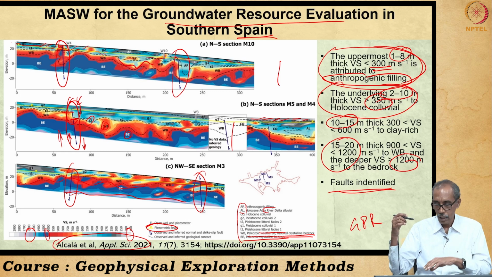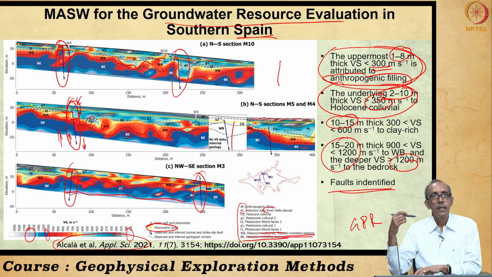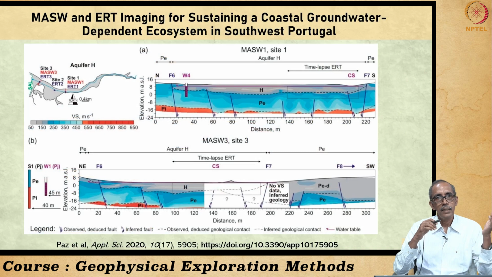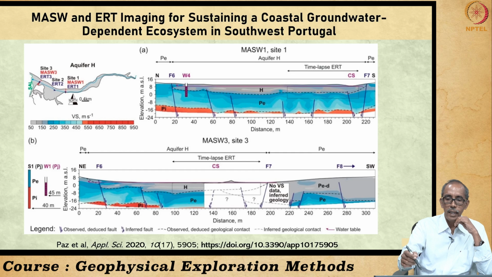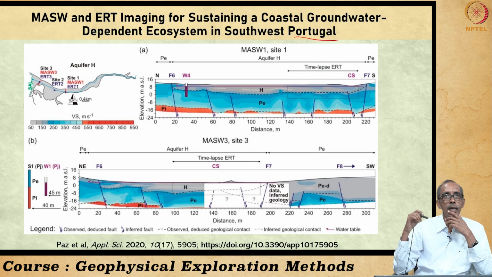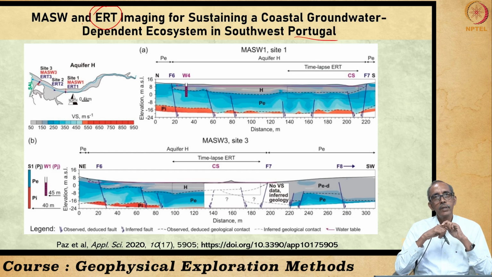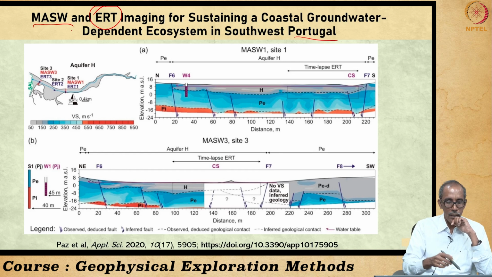Right? This is one of the applications of multi-channel analysis of surface waves. In another study, in the previous study they had made use of ground penetrating radar too. Here, a study carried out in Portugal, they had made use of a combination of the electrical resistivity method, that is earth resistivity tomography, coupled with MASWA, right?